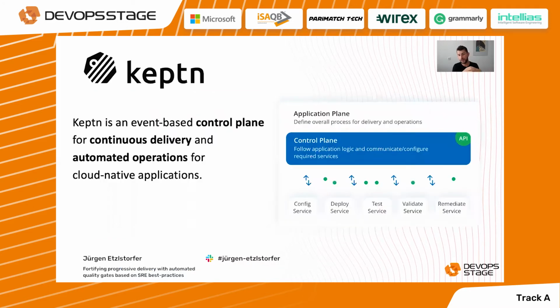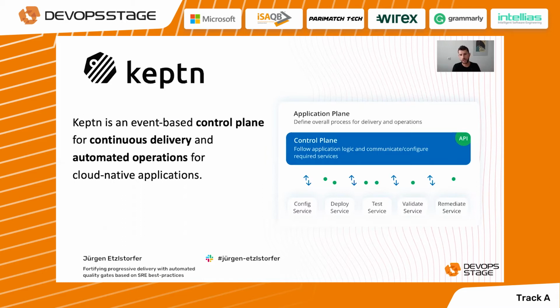So now we have defined the concepts of SLIs, SLOs. We have already seen a very short example of how to use it in our delivery pipeline. But I want to introduce an open source project that is making active and heavy use of those SRE principles. And I want to show you how you can use it also in your own pipelines.